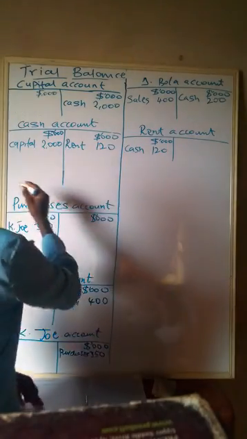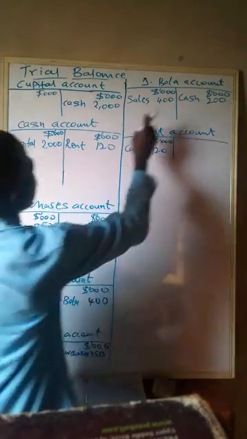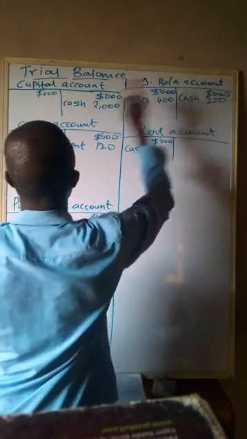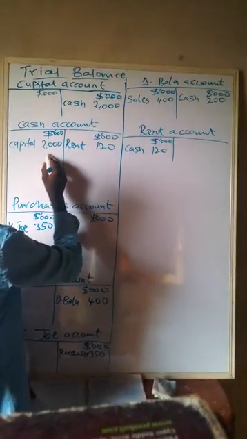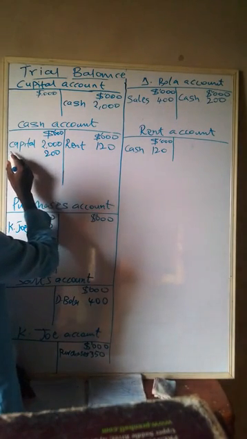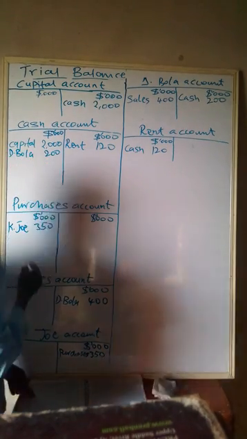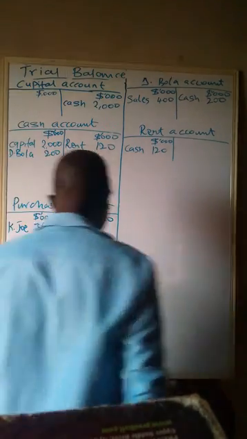Then I go to the cash account. Bola paid us. When he pays us, the cash account is receiving, and that is $200,000, and that is the Bola account.